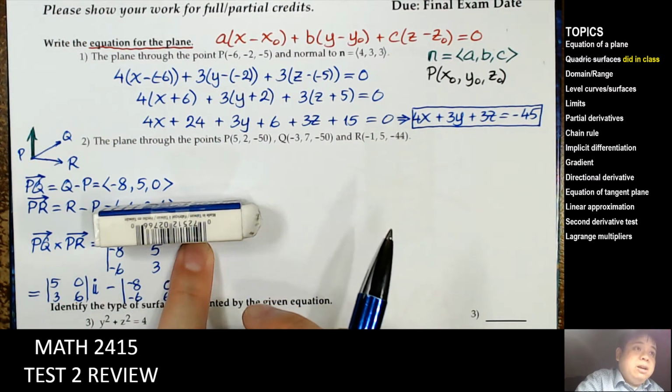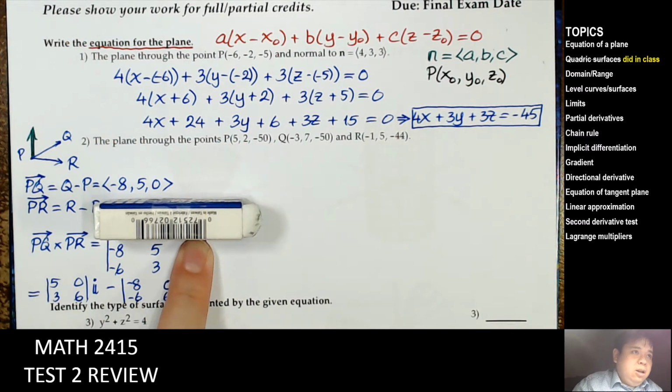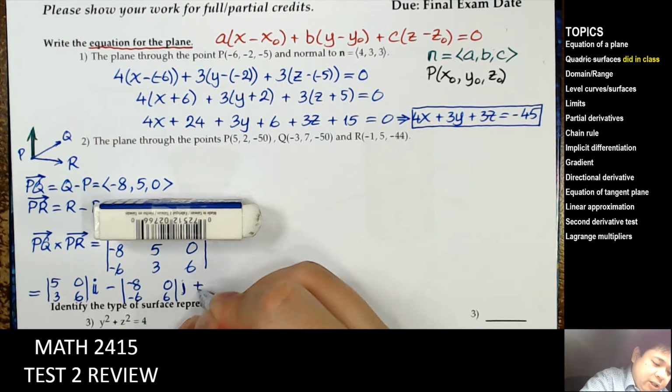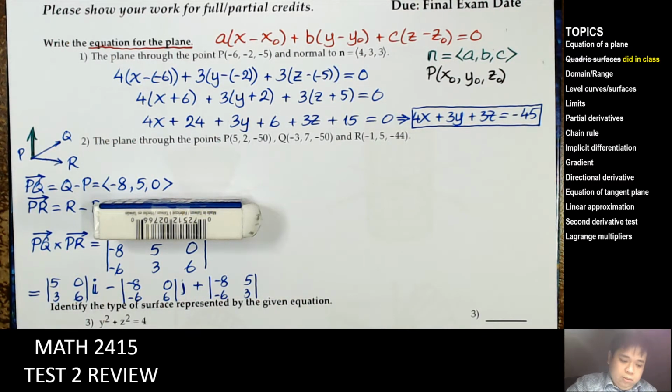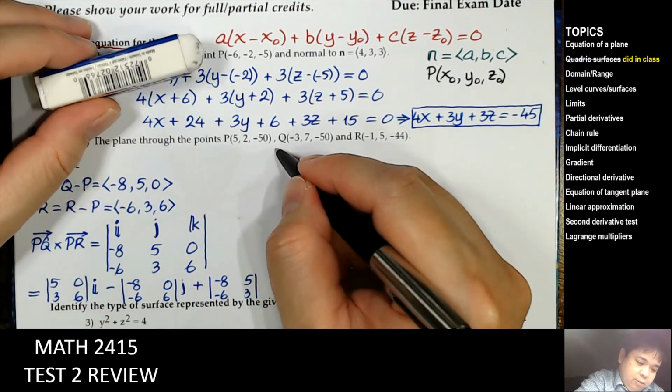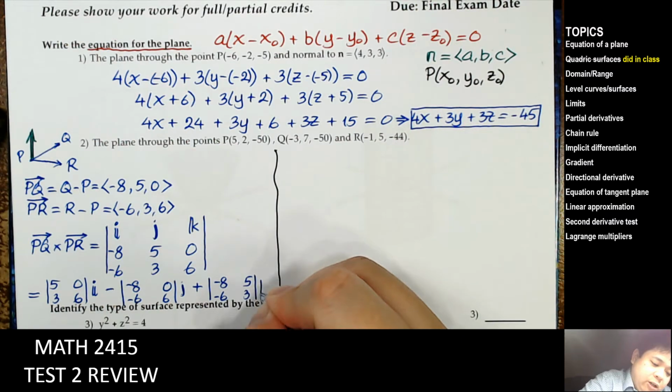And then negative 8, 5, negative 6 and 3, of course in the k component.